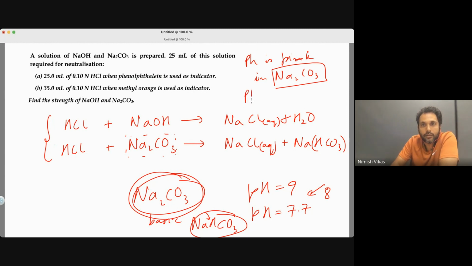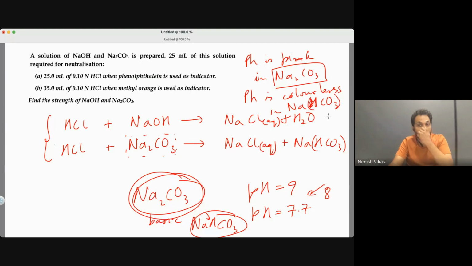But phenolphthalein is colorless in NaHCO3, sodium bicarbonate.